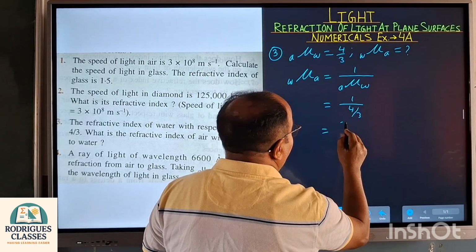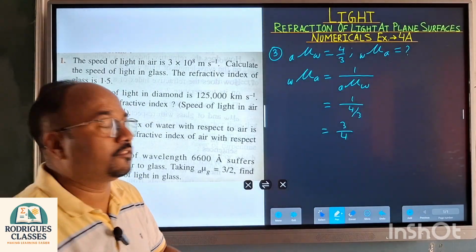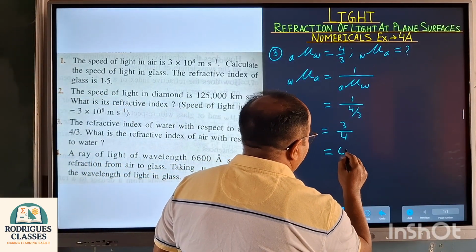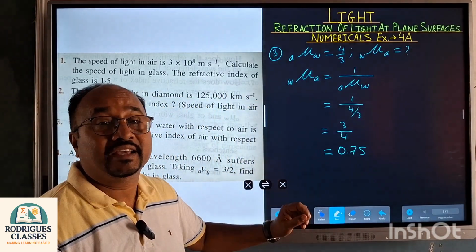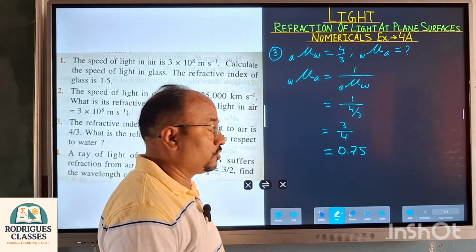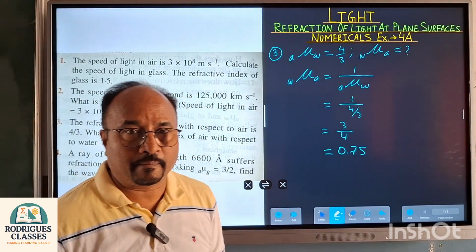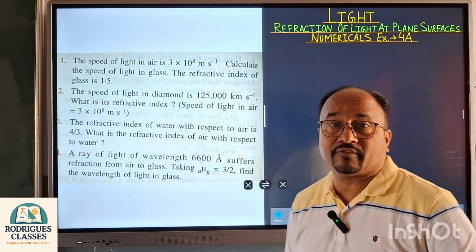This 3 will go up, divided by 4. If you divide 3 by 4, you will get 0.75. So 0.75 is the refractive index of air with respect to water. So this sum is done. Let us see the last numerical of this part, which is based on wavelength and refractive index.